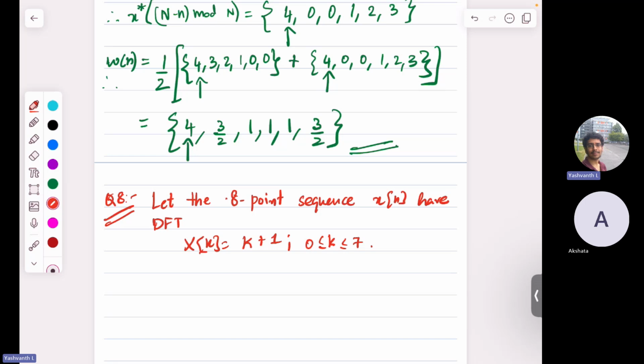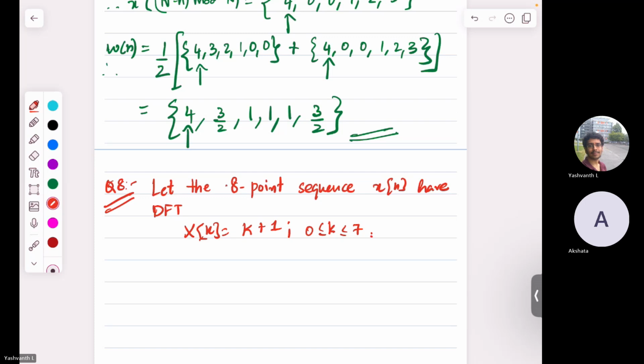So I'm giving you the DFT already. Now the question is, find the summation n equal to 0 to 3 of x of 2n.